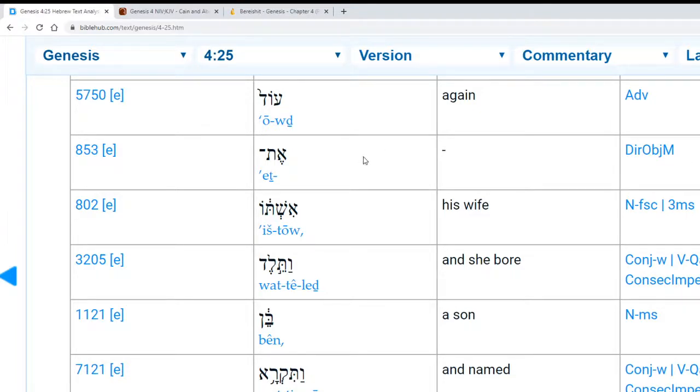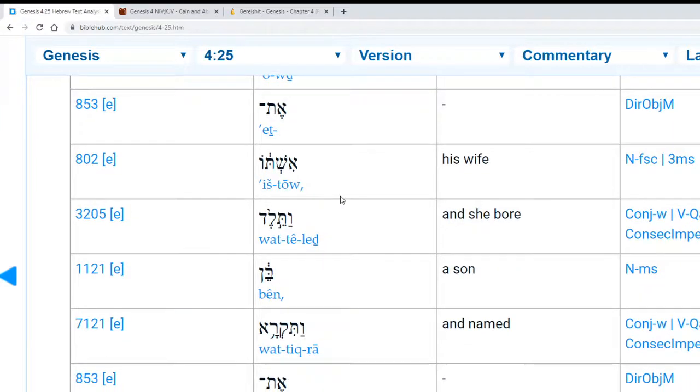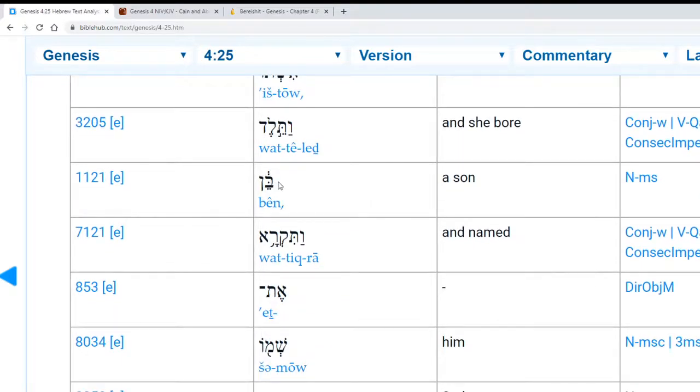marker, which is actually one of the ways there are midrashim which say that Adam had other wives as well, other than Eve. But et ishto, isha meaning woman, the hey turns into a taf, the vav meaning his. Vatteled, conjunctive vav, teled, again from leda, to give birth. Ben, son.